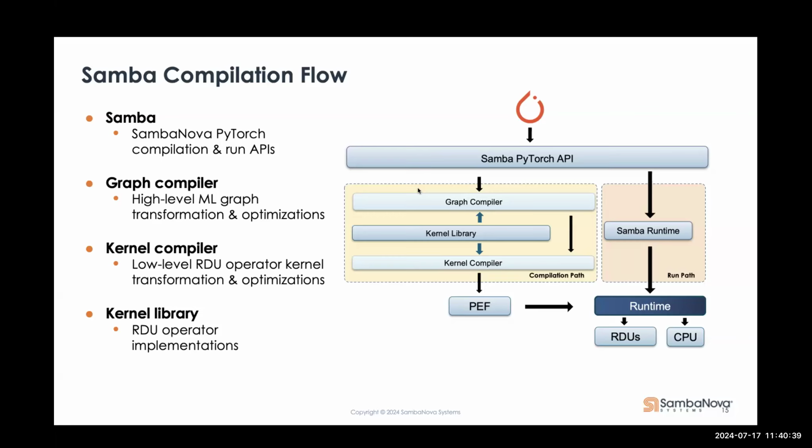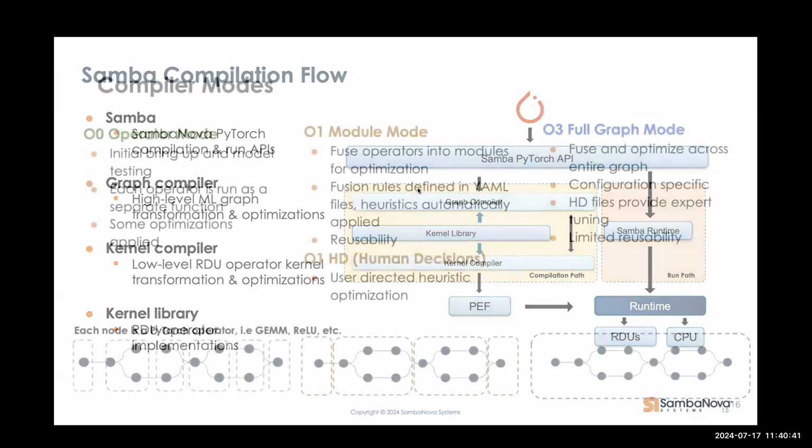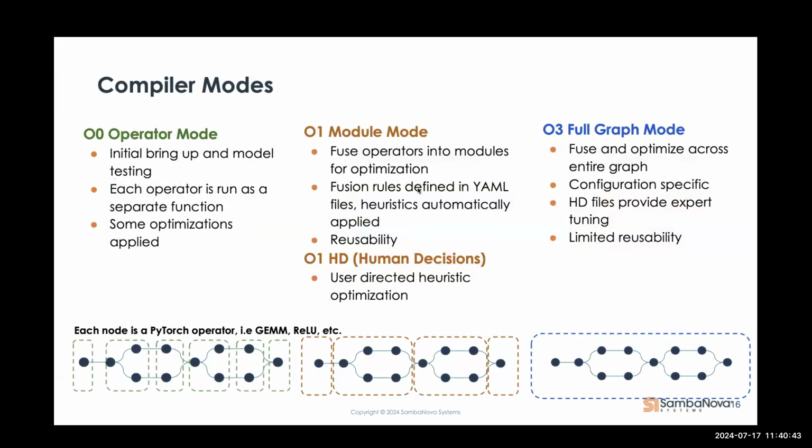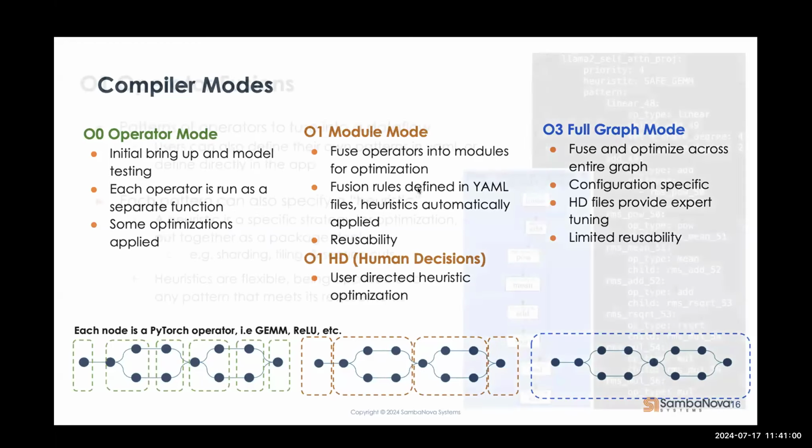We have a runtime that enables all of this to be run at scale. The compiler has different modes: there's an operator mode, a module mode, and a full graph mode. I won't go into all the details here. Essentially, as you might know with compilers, there are different features and capabilities in all of these. But more importantly, there are different optimizations that happen.